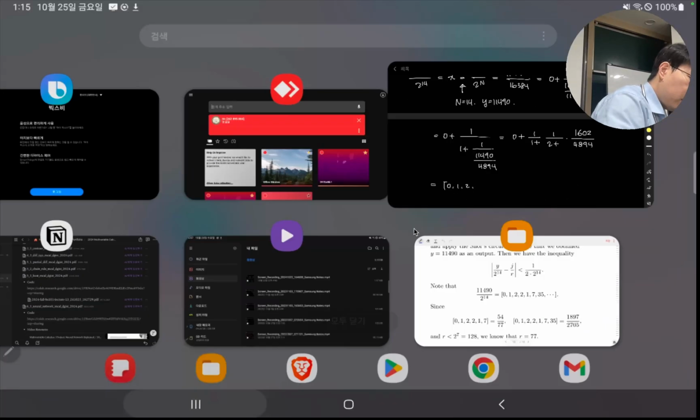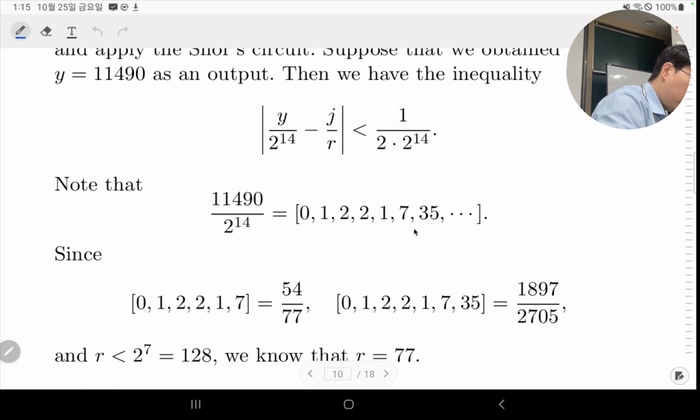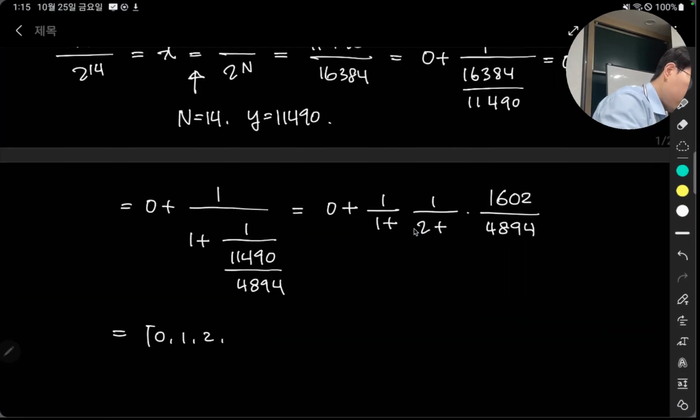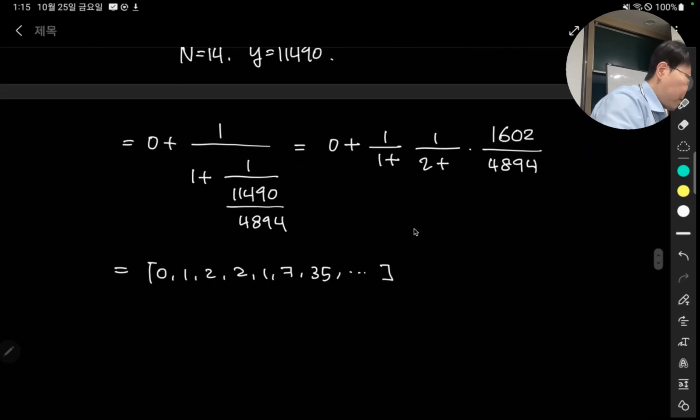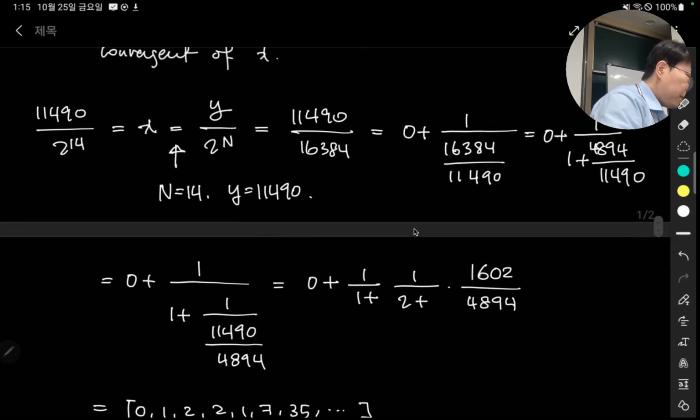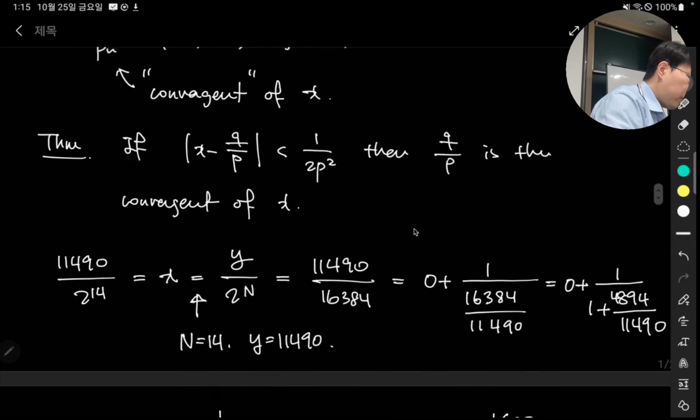So let me go back to the slide. It's already computed here, and it keeps going on: 2, 2, 1, 7, 35, and so on. Now, this is x, which we already know.